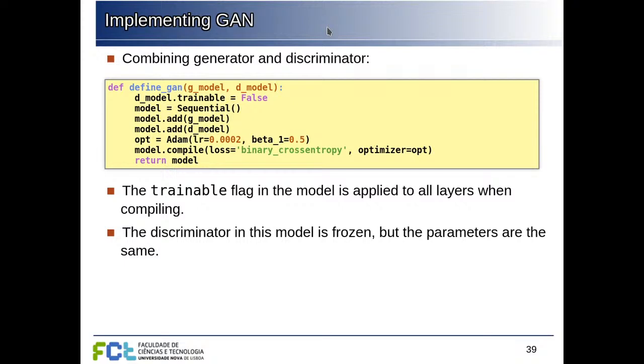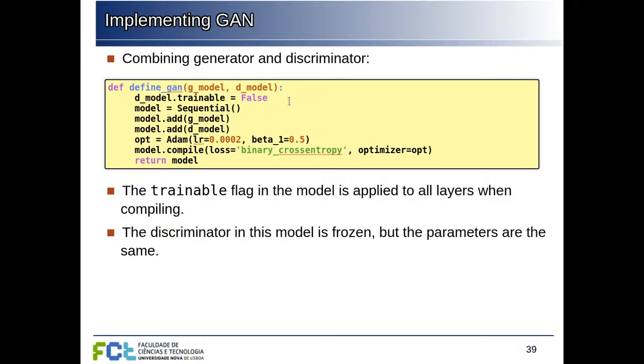So basically now we're going to define the GAN model, which combines the generator and the discriminator, but in this case the discriminator will not be trainable. Remember that we did this with the transfer learning on the Fashion MNIST example, where we looped through all the layers on the previous model that we had trained on the Fashion MNIST, and we set for each layer the trainable flag to false.